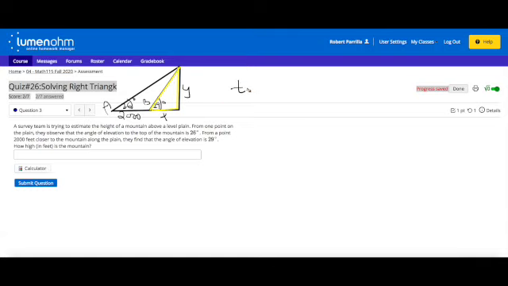So the tangent of 29 degrees is equal to y over x, which doesn't do us a whole lot of good because we don't know either y or x. So we're going to have to use the other one now. We're going to use the entirety of the larger triangle. So we're going to talk about this one now.